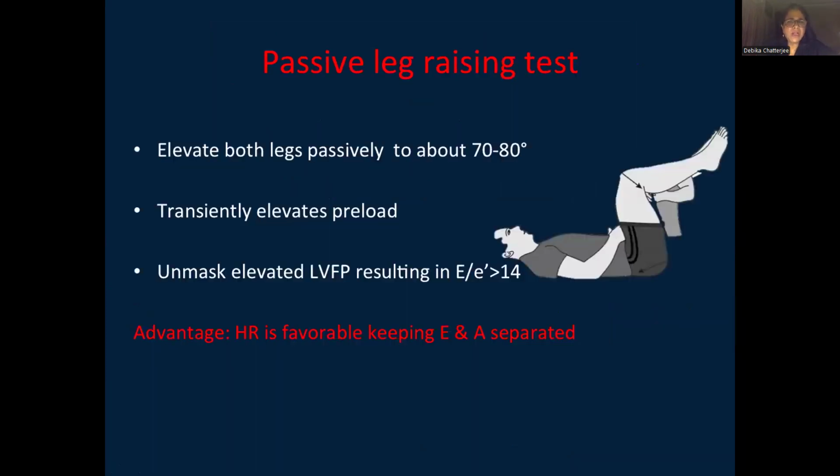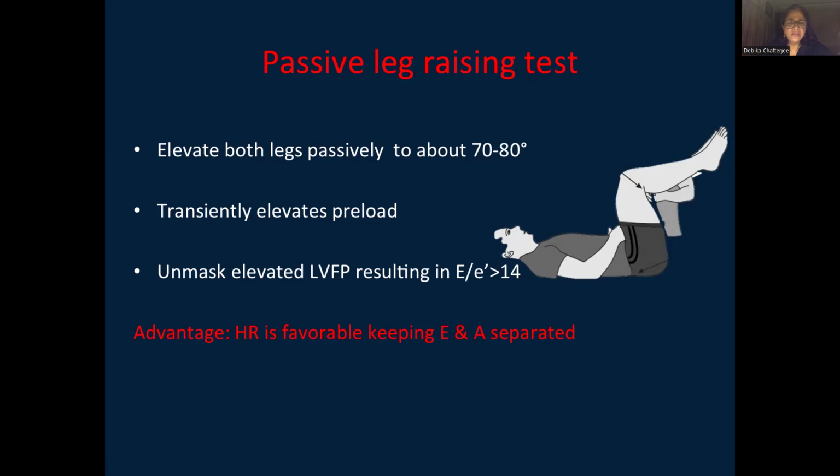The same result you may get with the passive leg raising test. Here we have an advantage because the heart rate is not increased, and it is favorable for keeping the E wave and A wave separated. So when you are assessing the diastolic dysfunction, with the patient lying on the bed, you just elevate both the legs passively to about 70 to 80 degrees.